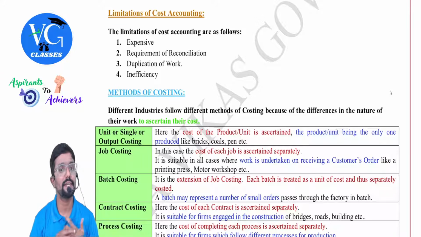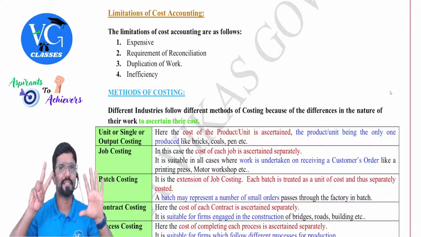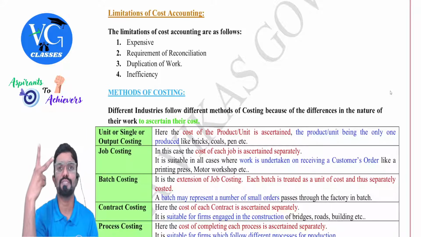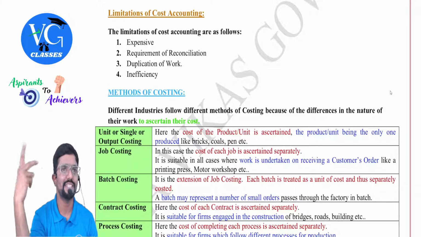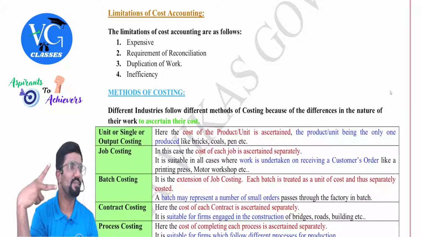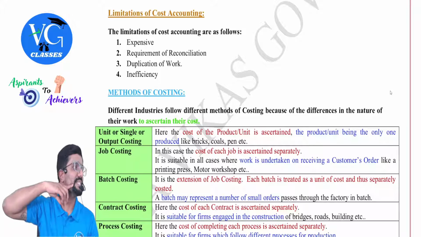Yes. Next, requirement of reconciliation. Guys, we have something called the cost accounting system in chapter 7. There we will read reconciliation. When I am supposed to maintain cost records, I have two sets of books which I need to prepare. One is financial records to record financial transactions. The other is costing records to record costing transactions, which will lead to two profits: one financial profit, the other costing profit.